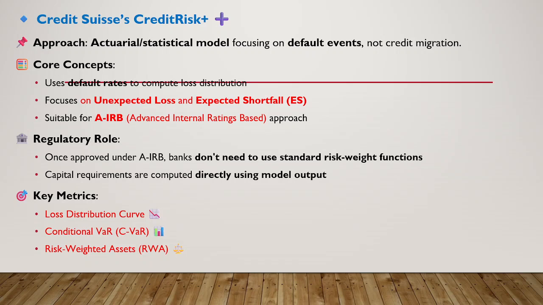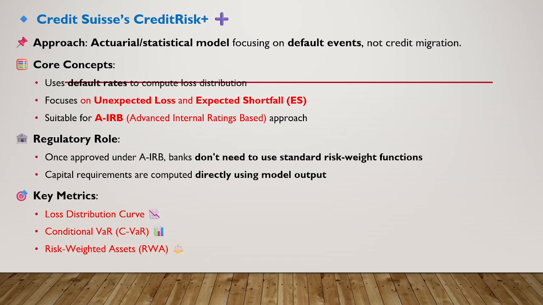It's a favorite under the AIRB, Advanced Internal Ratings-Based, approach because once a bank gets approval, it can use this model to directly compute its regulatory capital, without relying on standardized risk weights. Key outputs include the loss distribution curve, conditional VaR, and risk-weighted assets, which are central to Basel compliance.